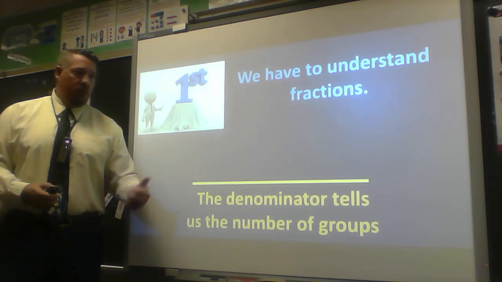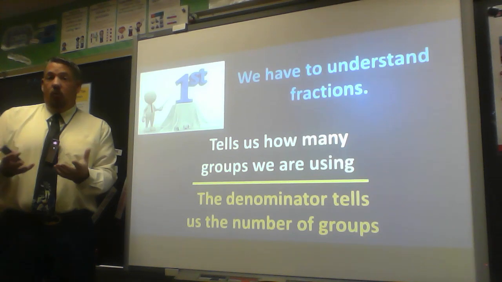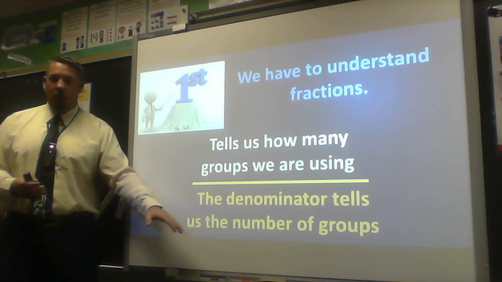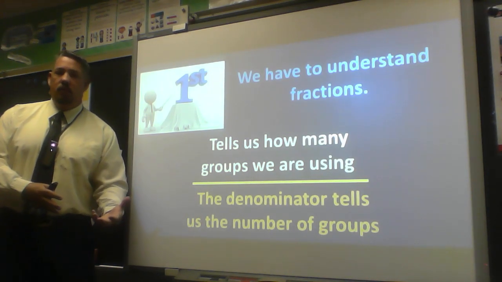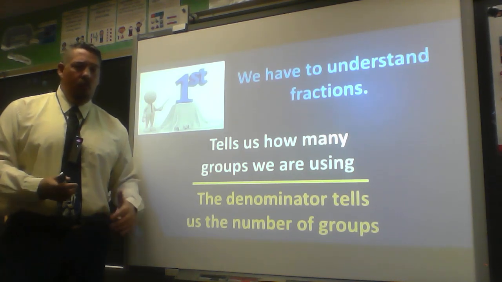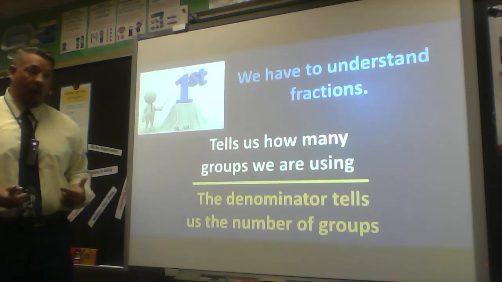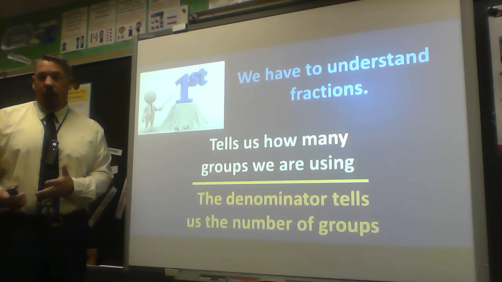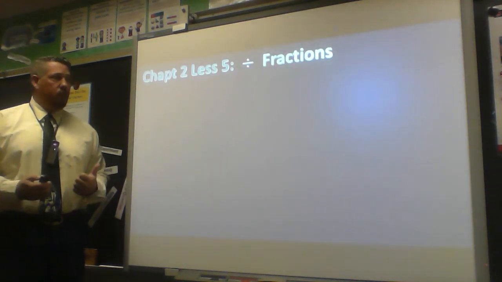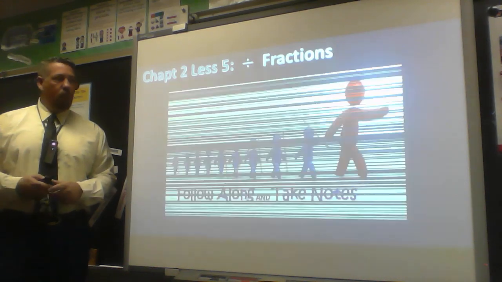So my numerator then talks about how many of the groups out of my denominator I'm talking about. So if I understand that my denominator is always telling me the number of groups, and my numerator is always telling me how many of the groups, then thinking about these type of problems hopefully will make more sense to us.